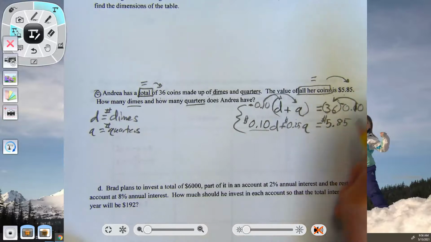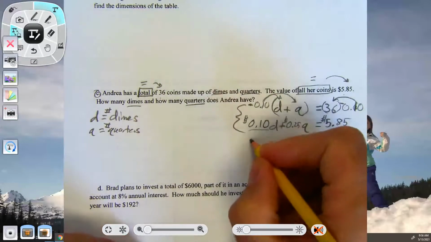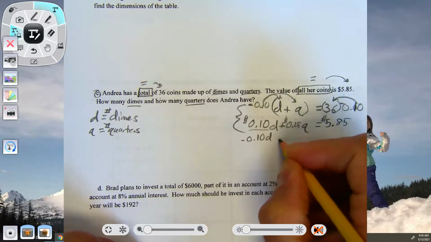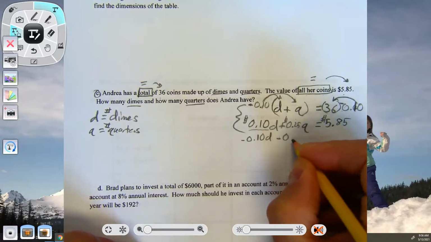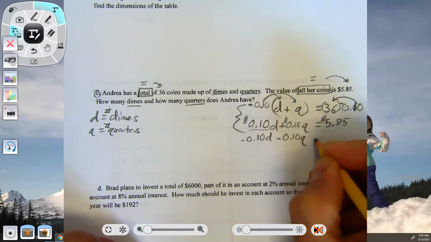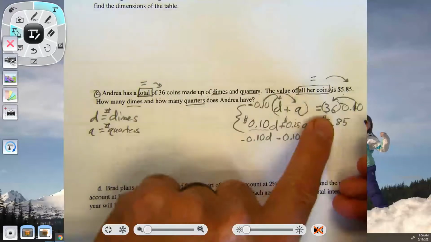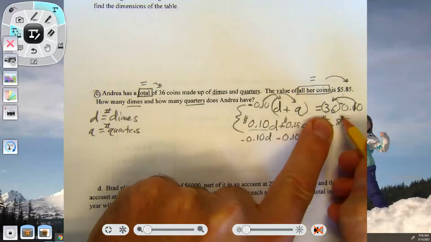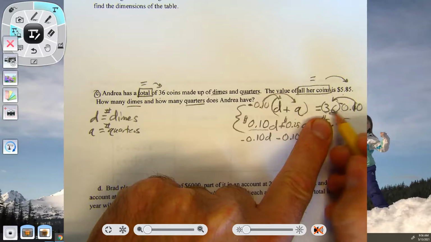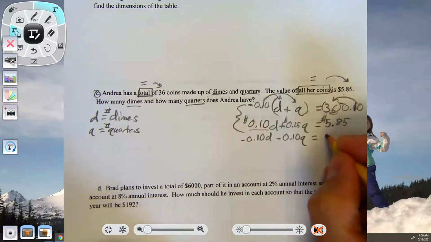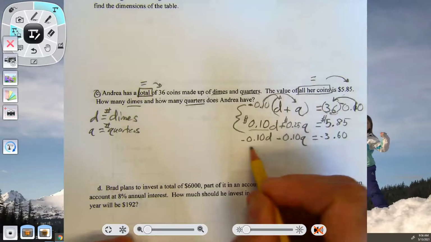Okay, so this becomes really easy. It's just negative 0.10D minus 0.10Q equals, if I multiply this by 0.1, all it does is move a decimal point. So this becomes negative 3.60.